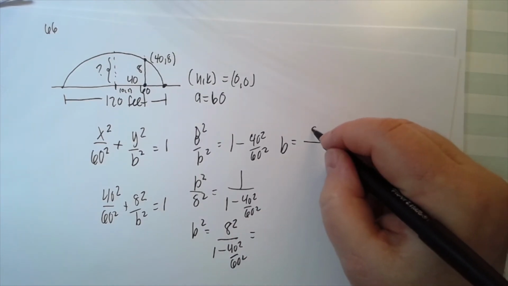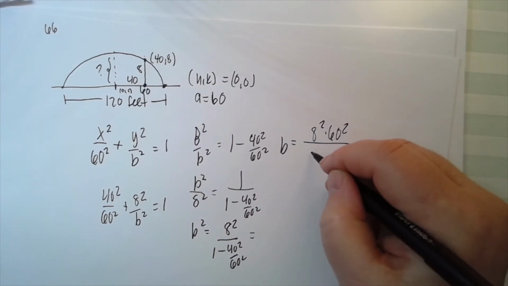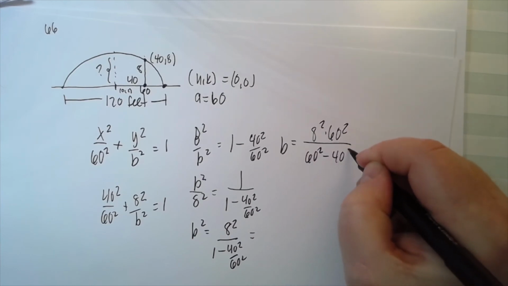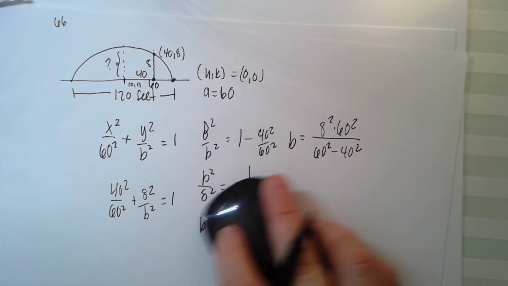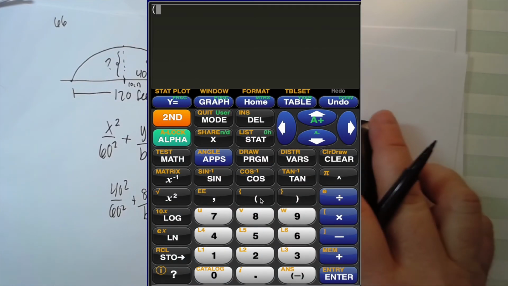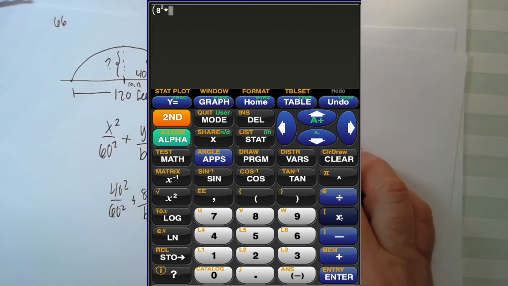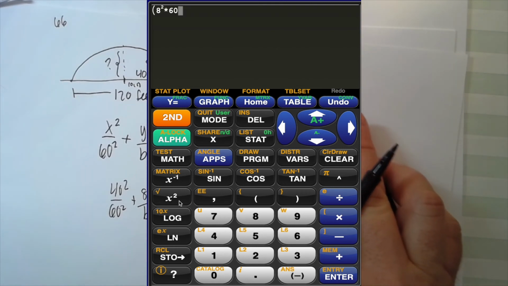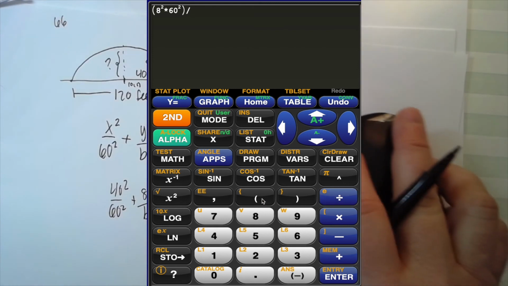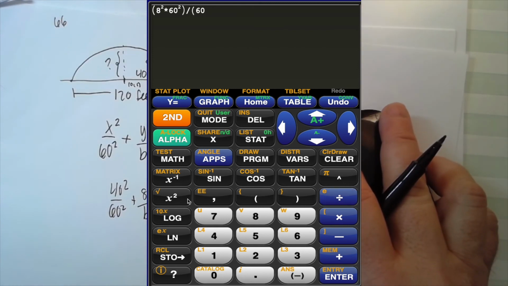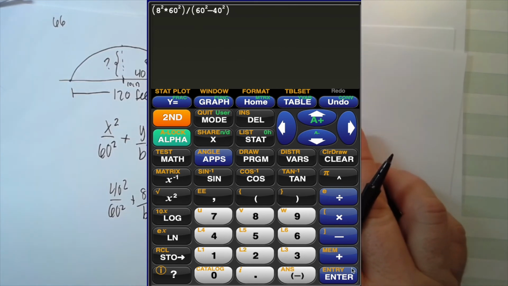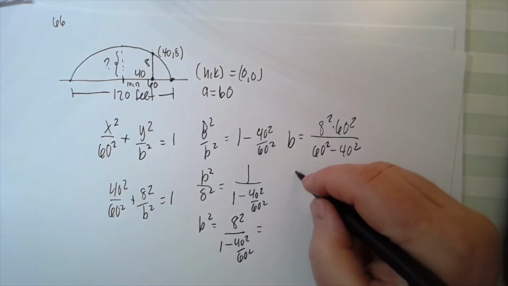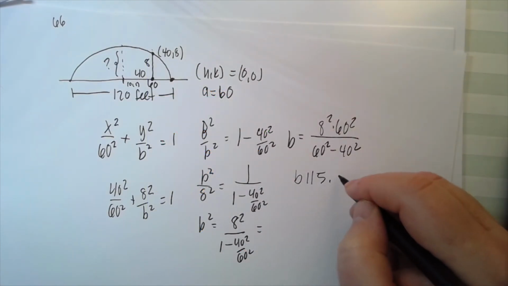So you get 8 squared times 60 squared over 60 squared minus 40 squared. And at this point, then, I'm going to put it in my calculator. I get B is equal to 115.2.